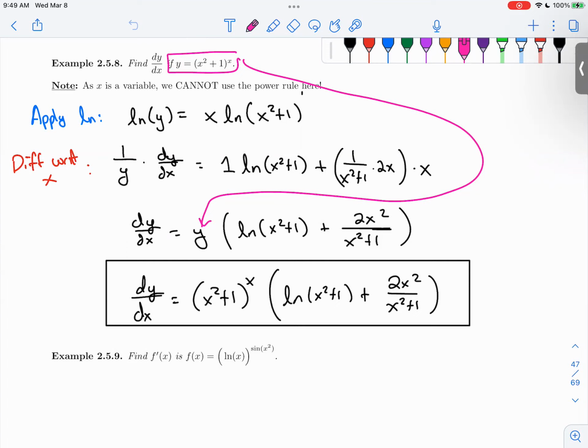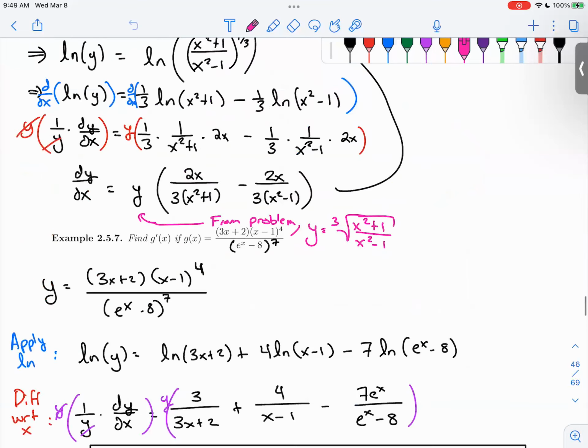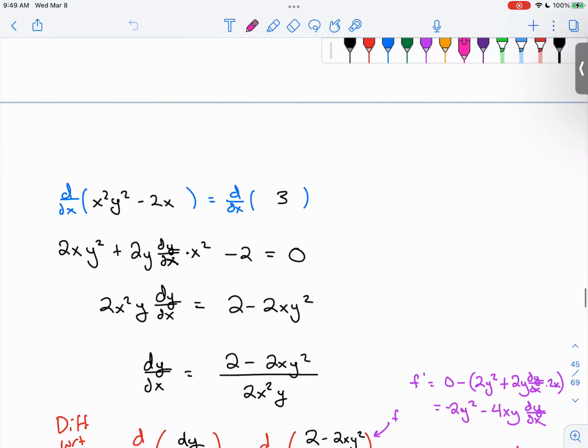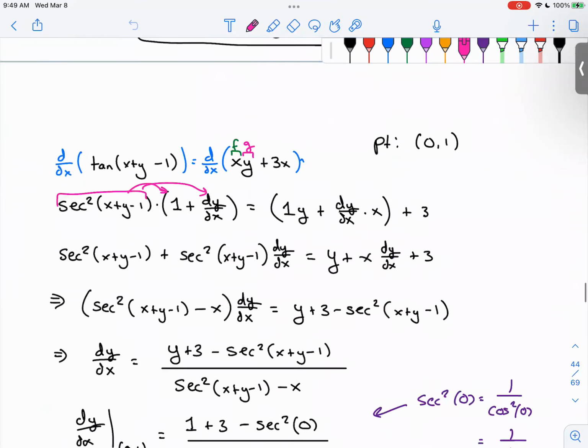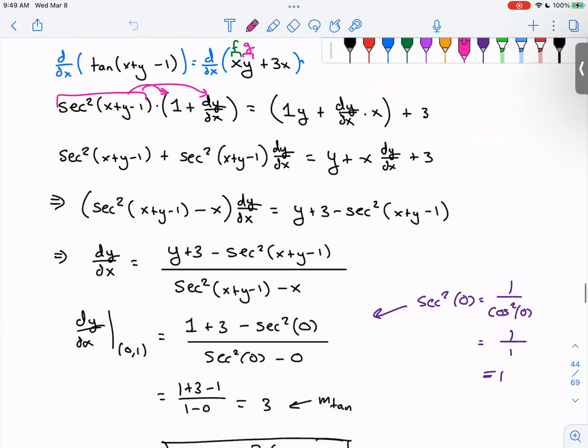Last time we were talking about how to use implicit differentiation to our advantage. Implicit differentiation, as you remember, is just taking the derivative while treating y as a function of x.